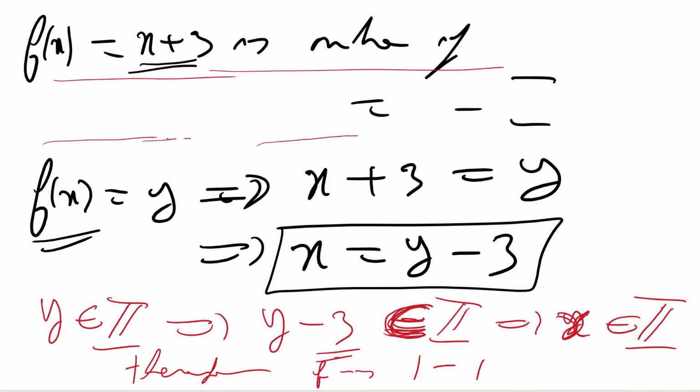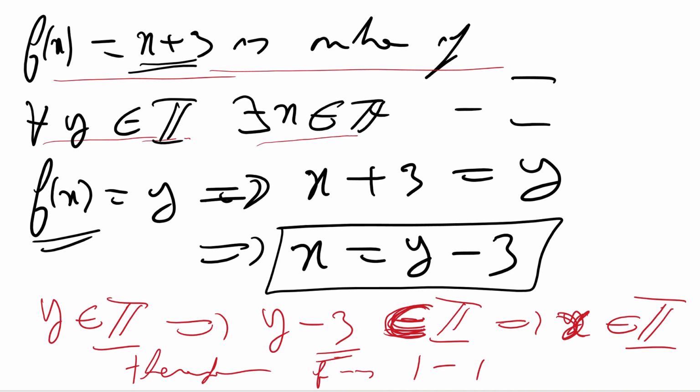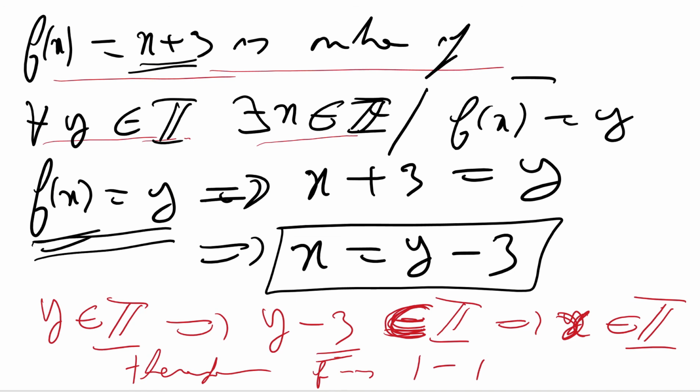So this is onto if for every y in the codomain there must exist a certain x in the domain such that f of x equals y.